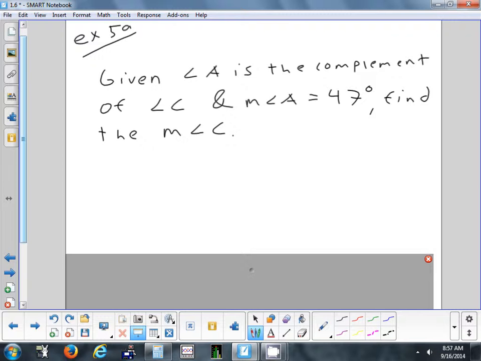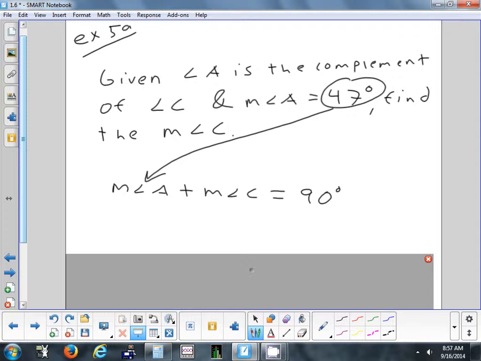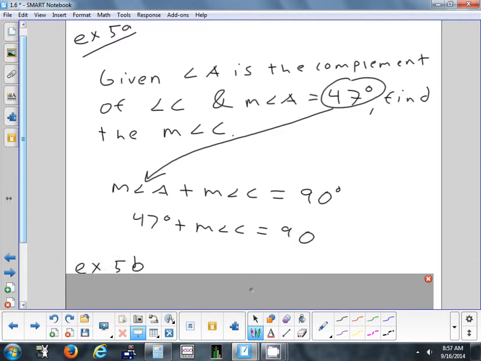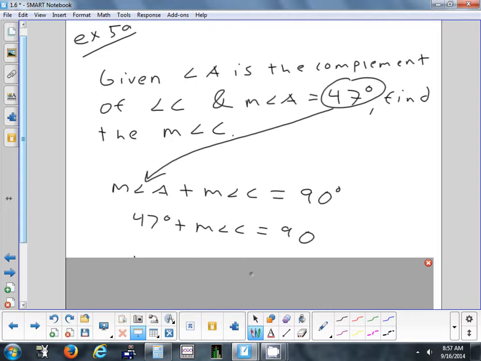So, the measure of angle A plus the measure of angle C, they're going to add up to 90. Which angle do I already know here? Yeah, A, so we're going to fill it in. Measure of angle A is 47. Measure of angle C, I don't know. How do I get the measure of angle C by itself?